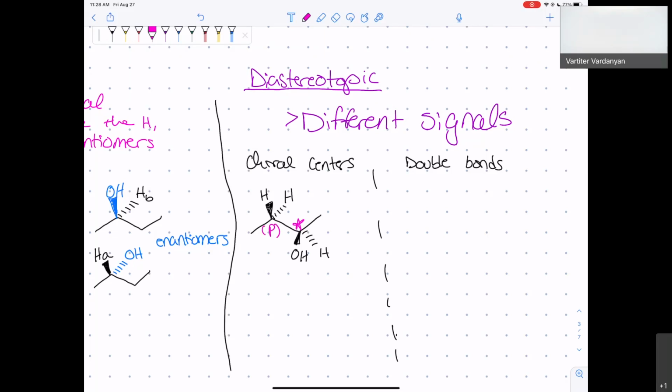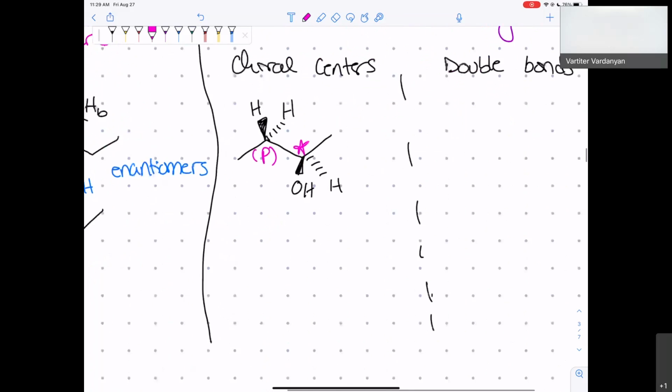So the difference between enantiotopic and diastereotopic is that this molecule already has a chiral center present. So if a molecule has a chiral center, by default, all of the potential chiral centers on the molecule are going to be diastereotopic. And the reason for that is if we replaced HA versus HB, we would get a set of what?